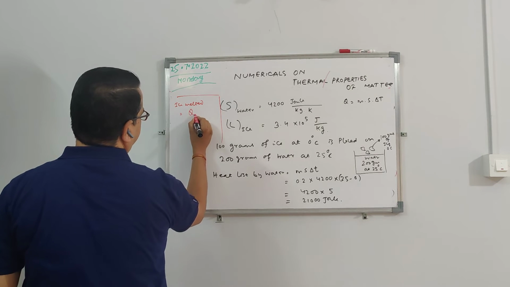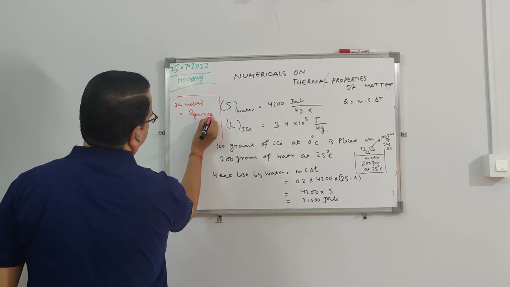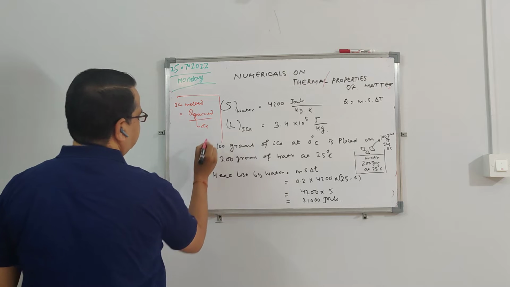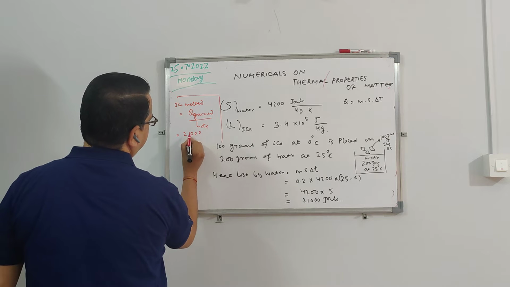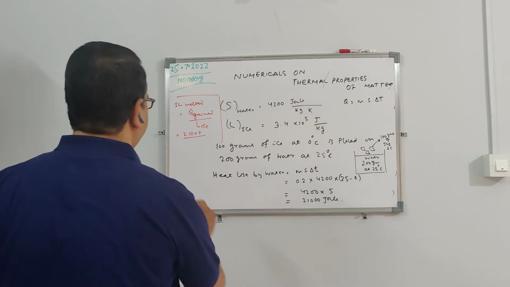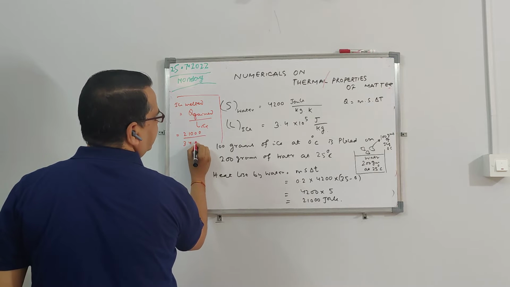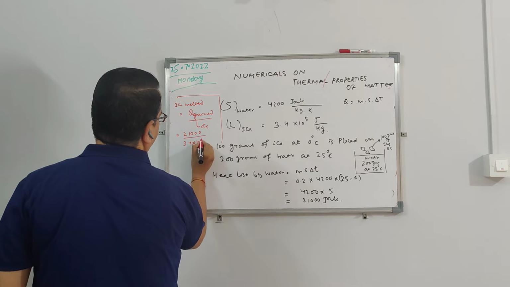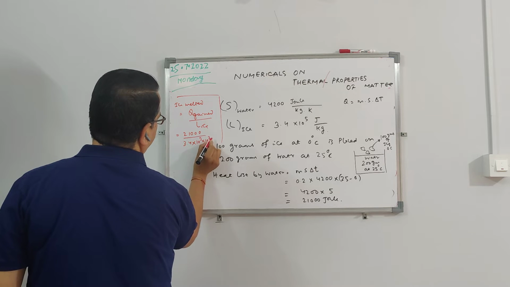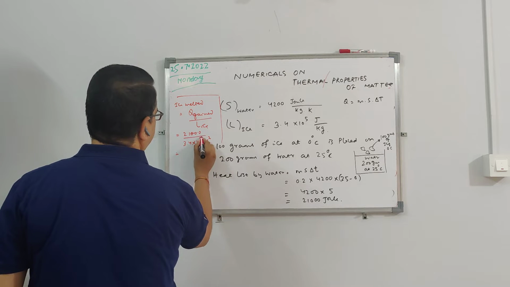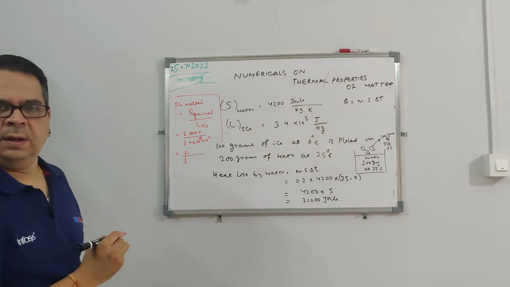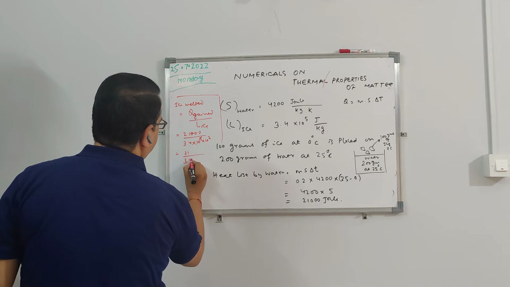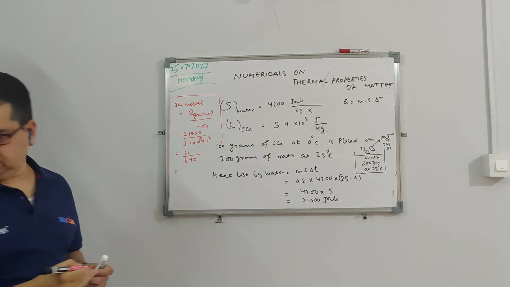So heat lost is equal to heat gained, divided by latent heat of ice, right? So this will be 21,000 divided by latent heat of ice, which is 3.4 into 10 to the power 3 into 10 to the power 2, because it is 10 to the power 5, right? So this cancels out. Okay, so this becomes 21 by 340. Okay, so this is in kg.